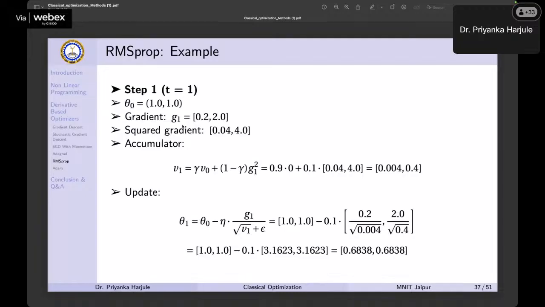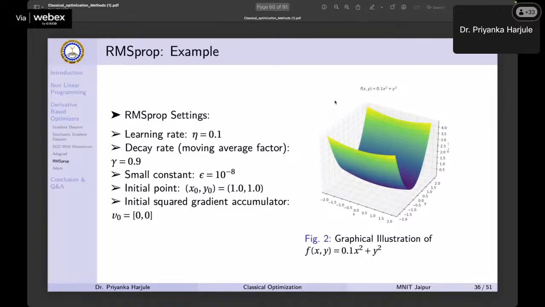And g1 we have got to be 0.2 and 2. Why? Because our function is 0.1 x square plus y square. So when you take the gradient of it, it will be 0.2x comma 2y. Because we are starting with x naught, y naught as 1, 1, the first g1 is going to be 0.2 comma 2.